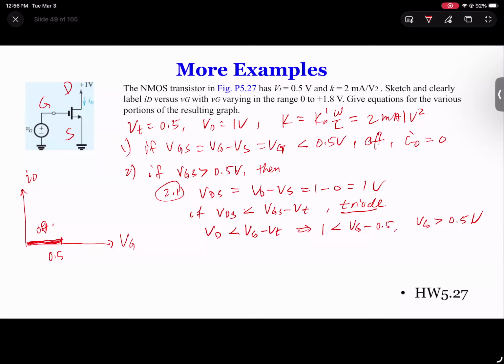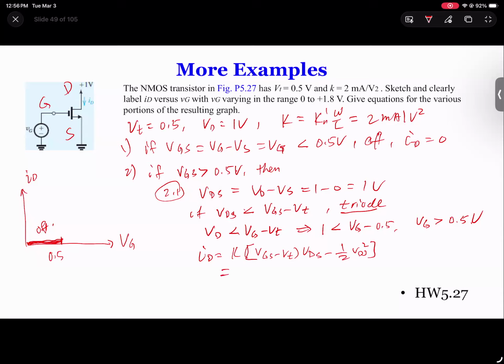So in triode mode, we have the current ID as K times VGS minus VT, VDS minus. So we can plug in these numbers here.